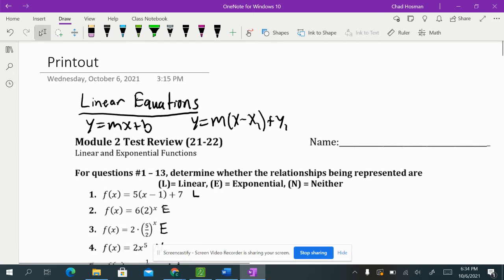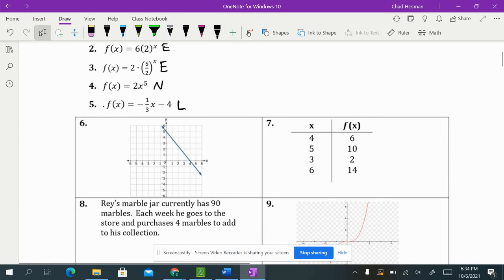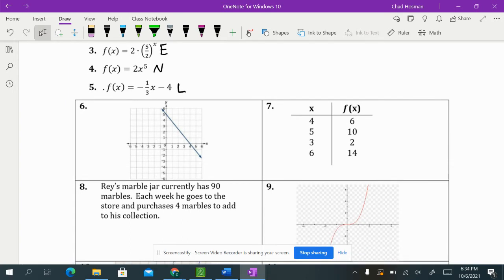And just as a little reference, exponential equations are going to look like y is equal to a times b to the x. Remember, we want that variable in the exponent.